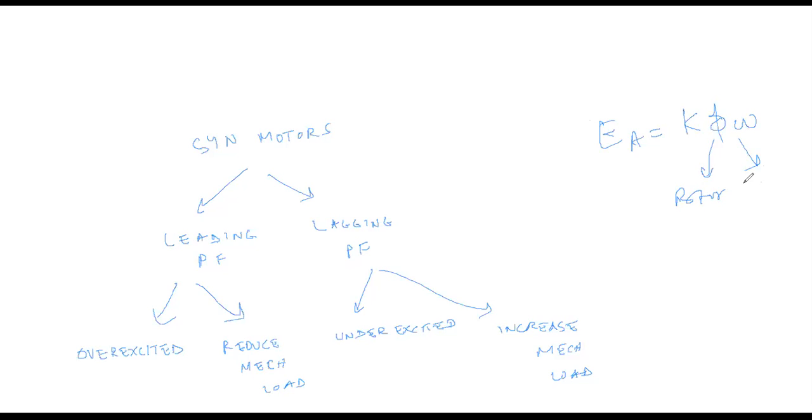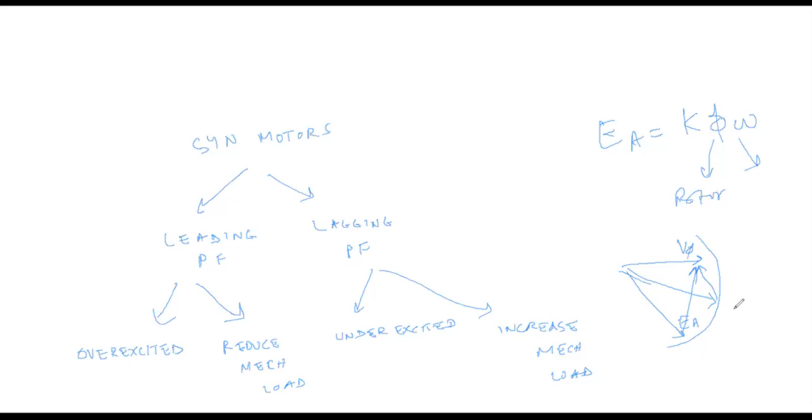Both of these parameters are constant, so the EA vector is just swinging in an arc like this. Let's say this is V phi up till here. When EA comes here, the machine goes into a lagging power factor, and when EA goes here, the machine goes into a leading power factor.